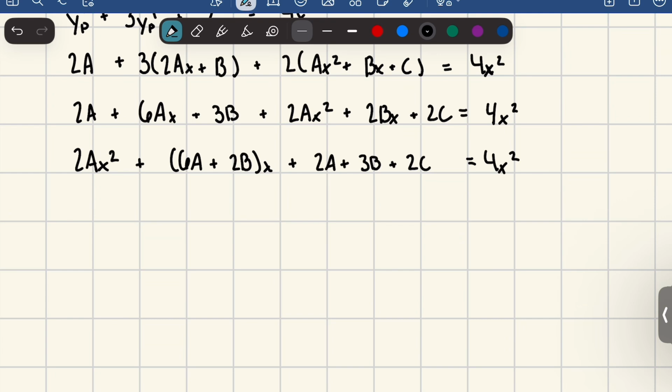So 2ax squared is the only thing that can correspond to 4x squared. So we're going to do 2a equals 4. A is going to equal 2.